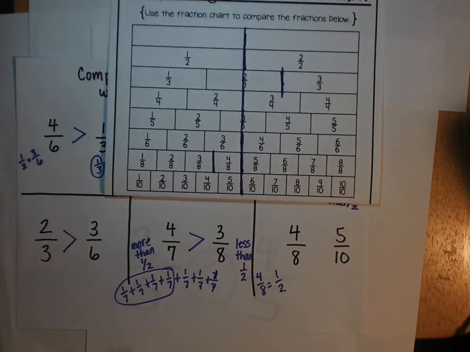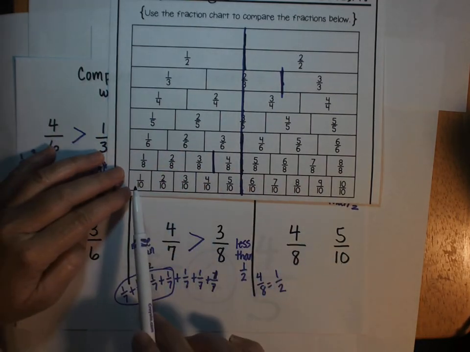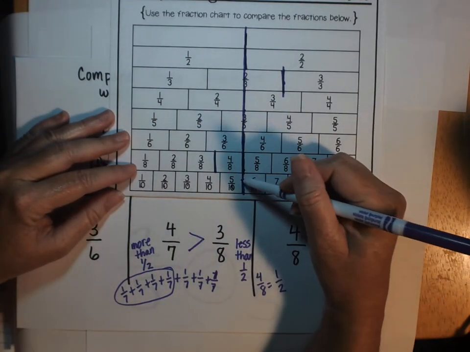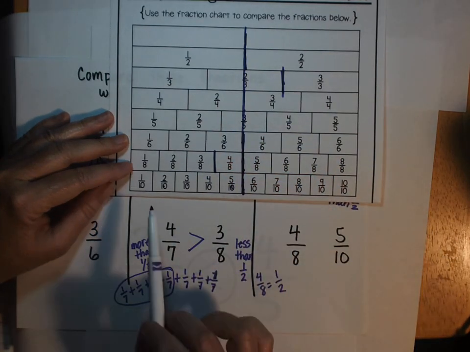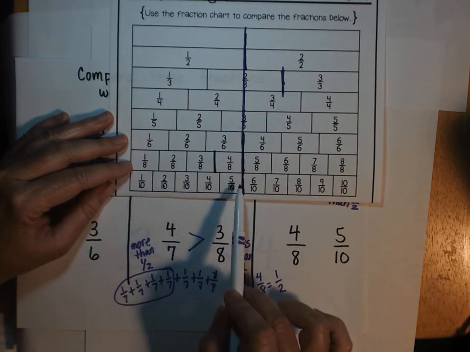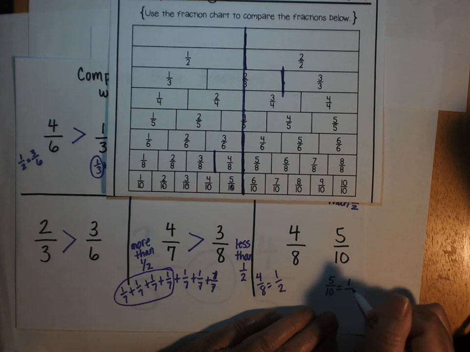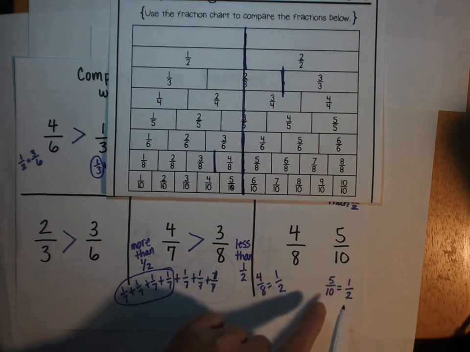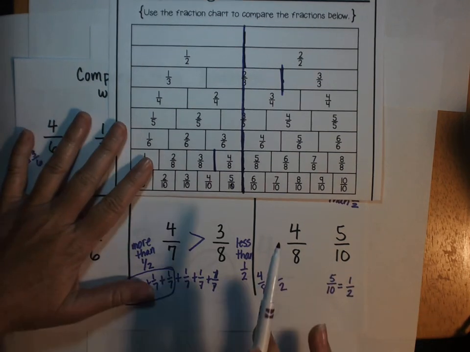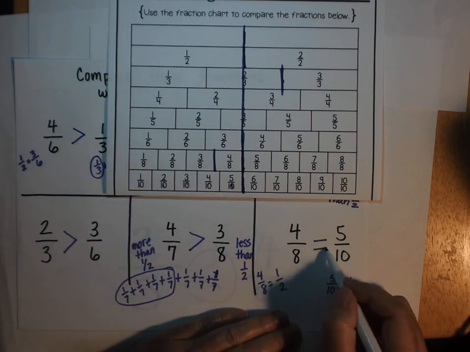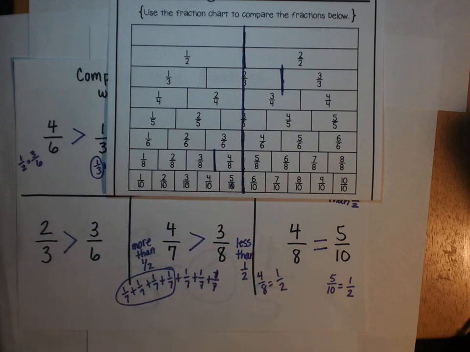Now, what about 5/10? 5/10, 1, 2, 3, 4, 5. So 5/10 stops right here. So that one is equal to 1/2 because 5 is half of 10. So if they're both equal to 1/2, what would our symbol be? Finally, we get to use that equal symbol. 4/8 is equivalent to 5/10.